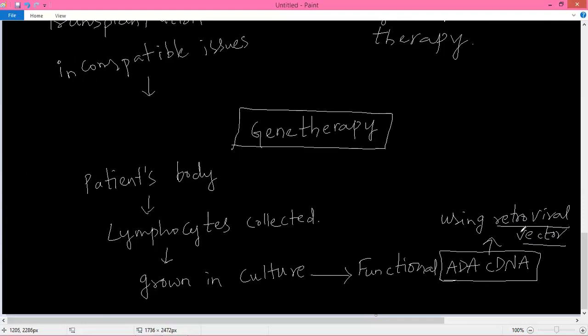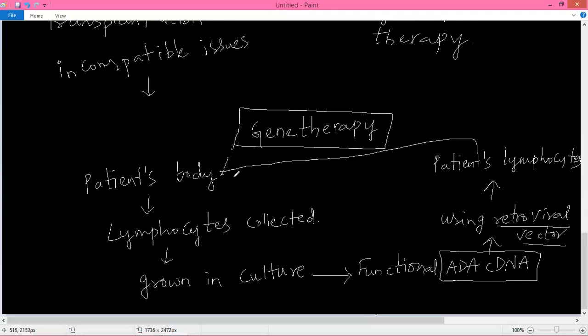That kind of virus we are selecting as a vector to transfer this ADA cDNA into the patient's lymphocytes. And after that, we have to transfer them to the patient's body.